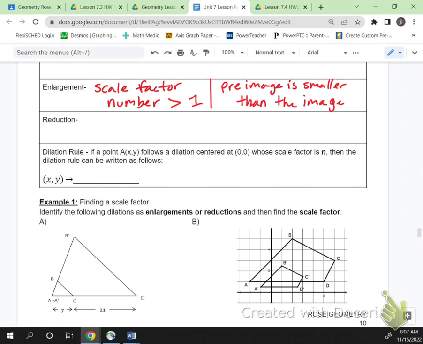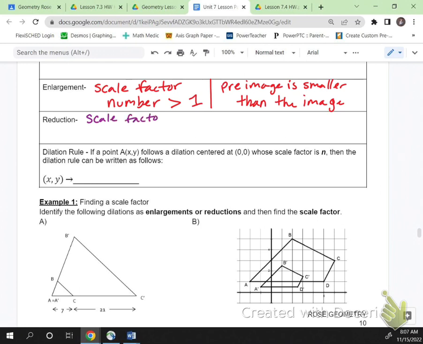So on your test, we might give you the preimage and the image, and you have to tell us what has happened, an enlargement or a reduction. What would you guess about the number for a reduction? For an enlargement, it's a number greater than 1. Less than 1.